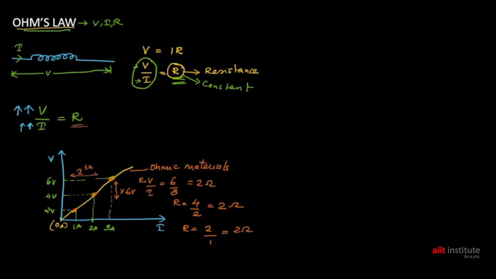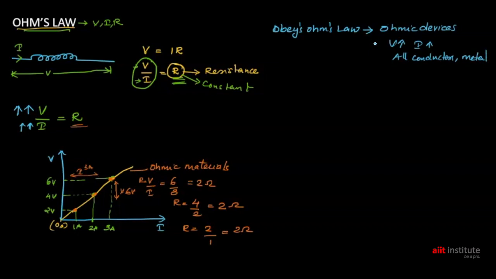So we can simply say that the devices which obey Ohm's law are known as ohmic devices, which means if the voltage is increased, the current also will increase. Examples of ohmic devices are all conductors or metals.